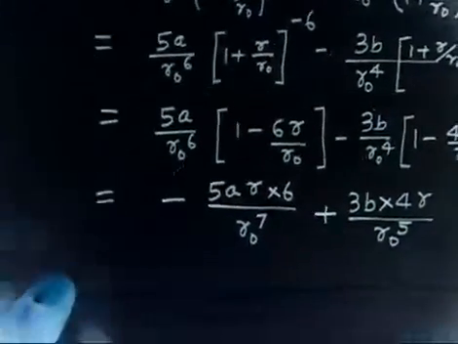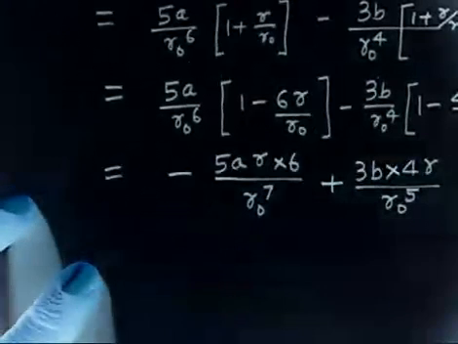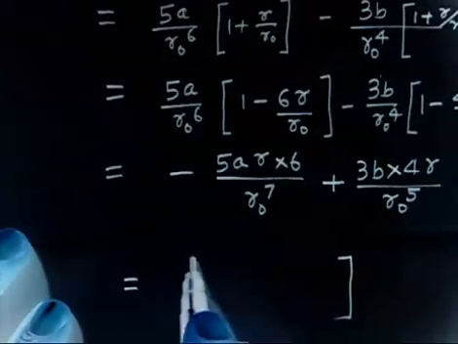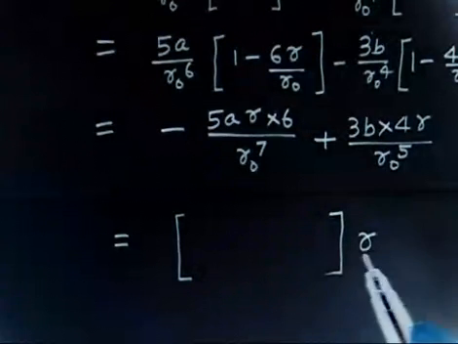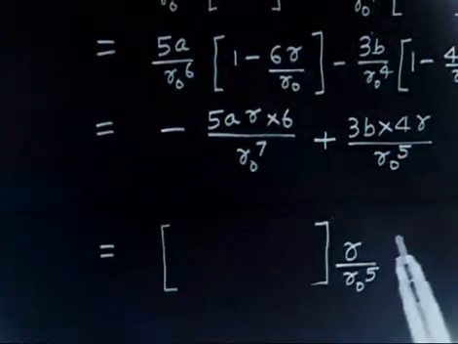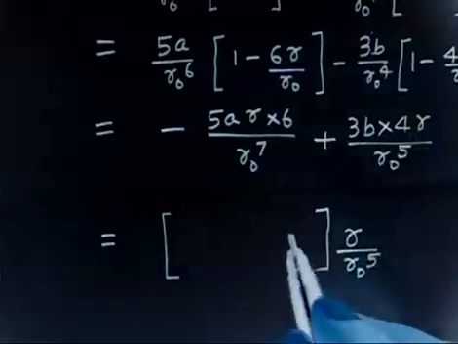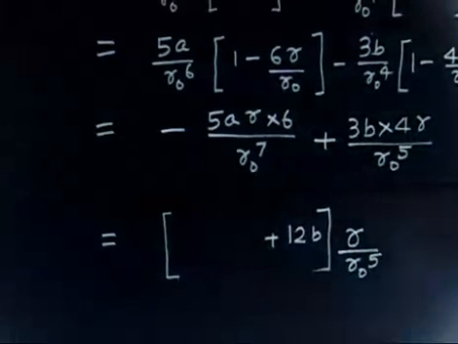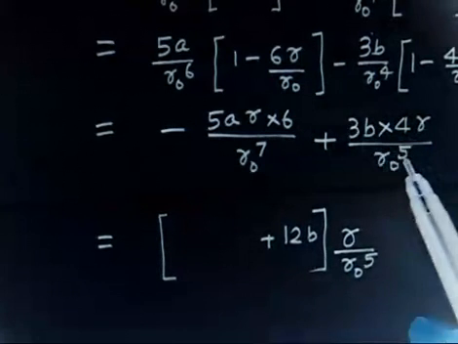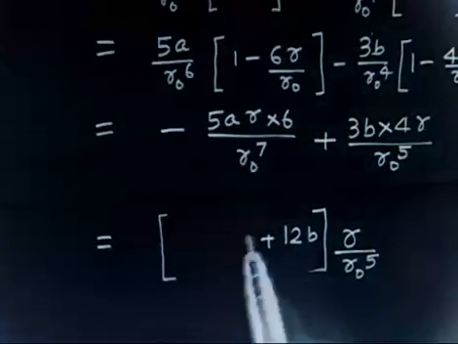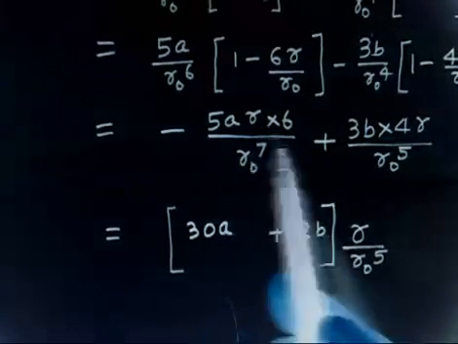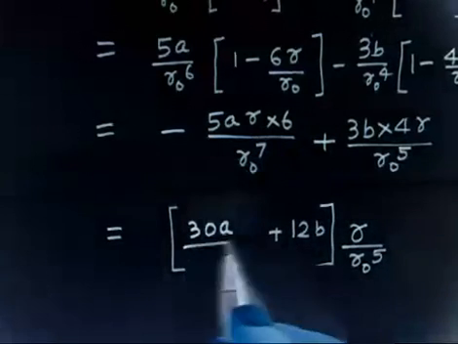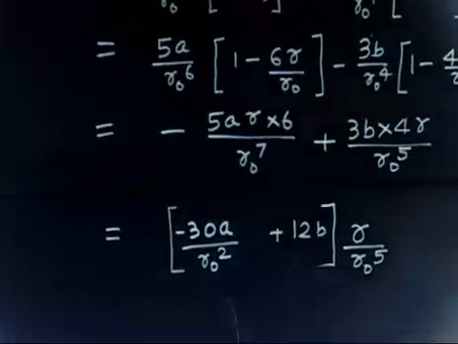If I take r common, and let us take r naught to the power 5 also common, here you will have 4 into 3, 12b, into r, which I have already taken common, plus, now here you will have 5 into 6, 30a, r I have taken common, and r naught squared in the denominator, with a minus sign.